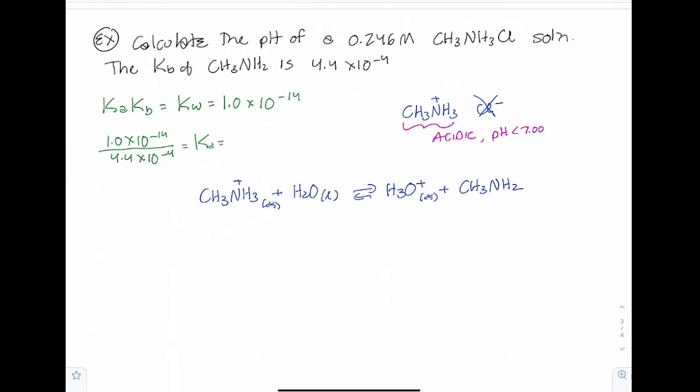Please do the same. And when I divide those, I get 2.3. I do want 2 sig figs on that. It comes out to 2.272727, and so on in my calculator. But it's going to round to 2.3 times 10 to the negative 11th.